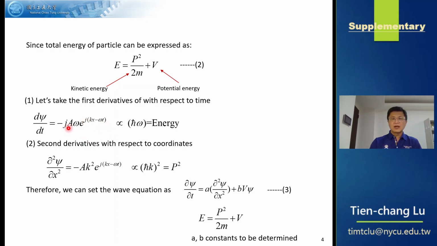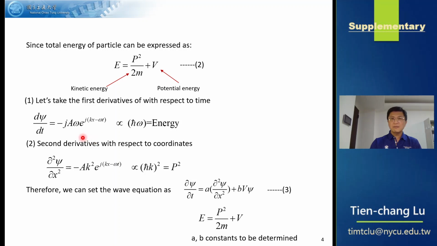If you look at this A times exponential j(kx minus omega t), it returns to the wave function itself. So taking the first derivative with respect to the time gives us the wave function itself, but also multiplied by minus j times omega.